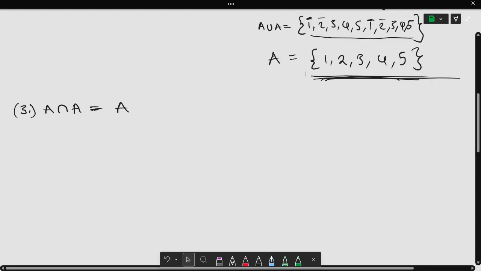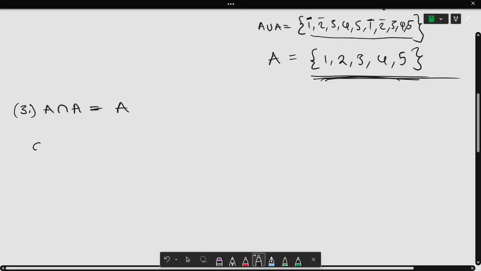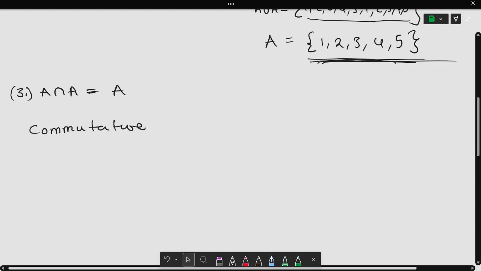And the other one that we can look at is the commutativity of sets. So sets are commutative. For example, addition is also commutative. If you have 5 plus 4, you can write it as 4 plus 5.